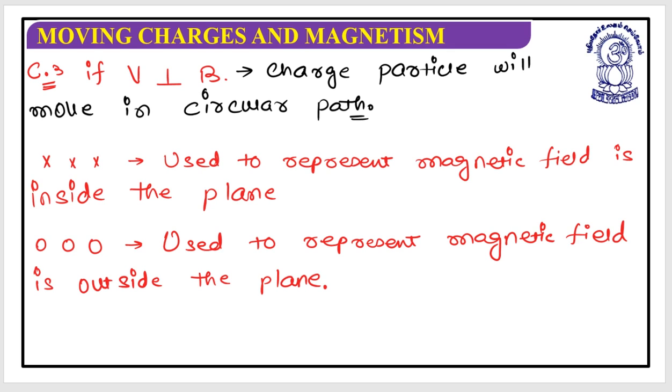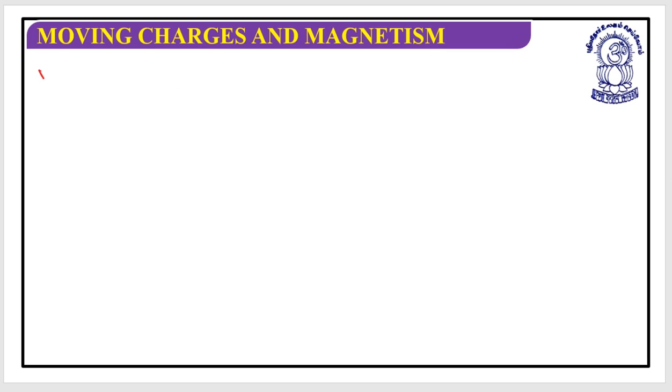Let's go back to the case where velocity is perpendicular to B. So let's suppose that this is the magnetic field, and a charged particle has entered it, and as you can see, this is the velocity vector.